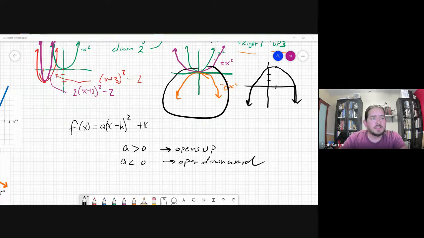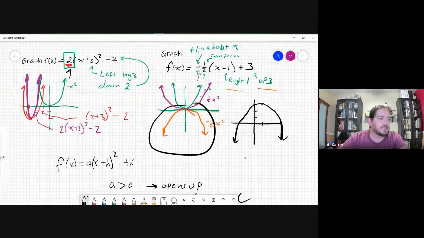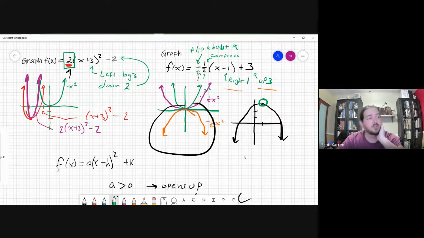And then each of these graphs has this vertex that I've pointed out here. The vertex is that highest point if it's a parabola that opens down. If it's a parabola that opens up, then the vertex is the lowest point, right?